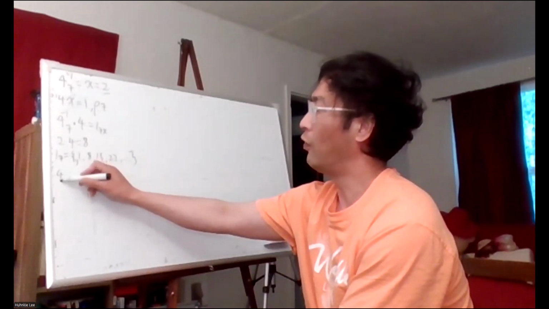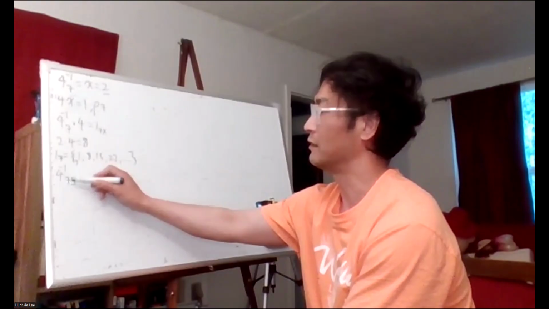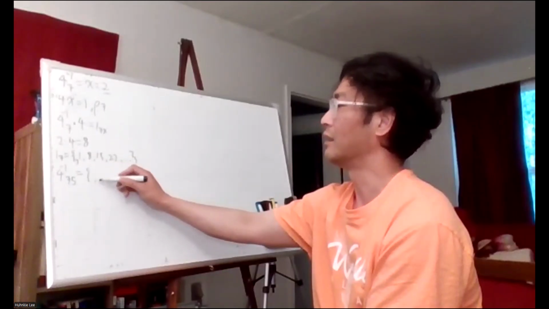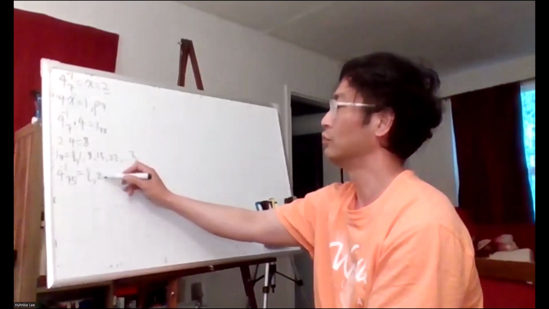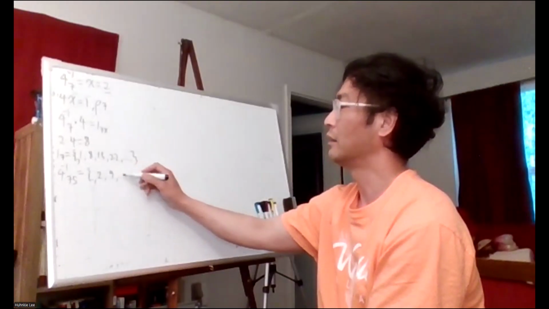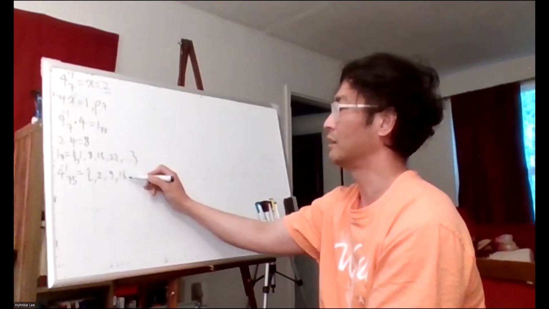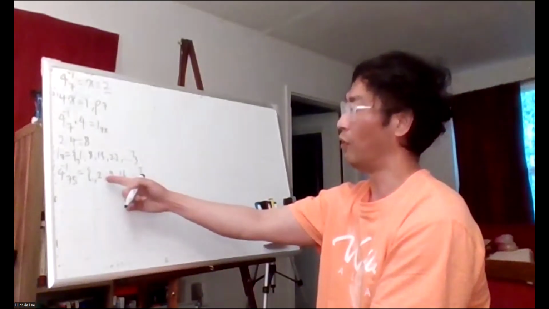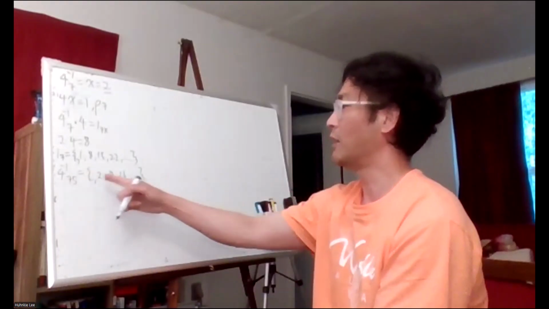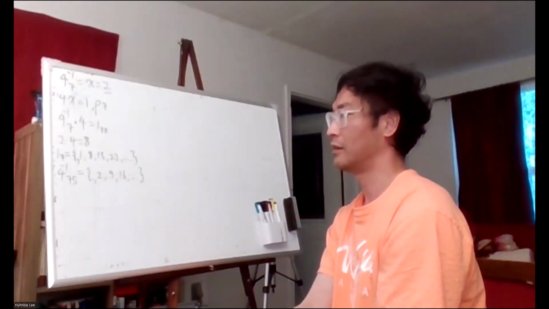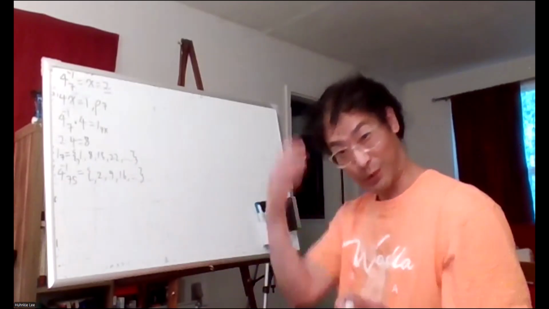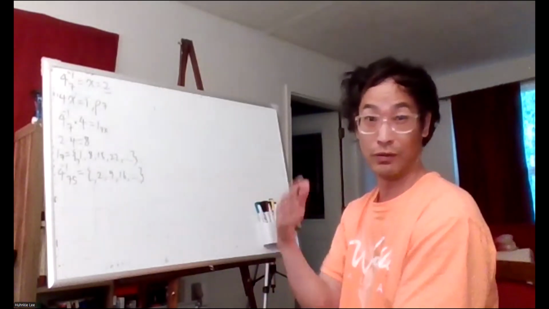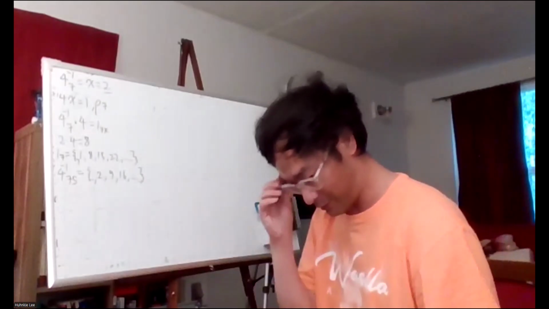And 4 inverse 7 is a set. It's like dot dot dot 2, 9, just add 7, 16, dot dot dot. It's also an infinite set. So like 2 times 4 is 8. 4 times 9 is 36. Oops, sorry about that. And 36 is 35 plus 1. So it's 1 row 7. My goodness. Let me fix my hair.